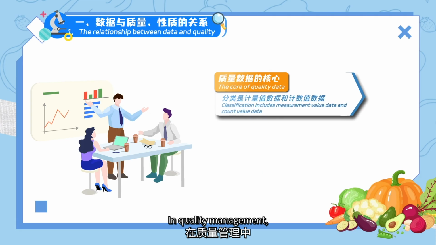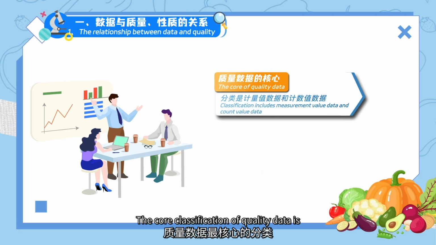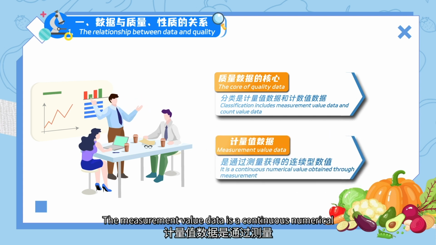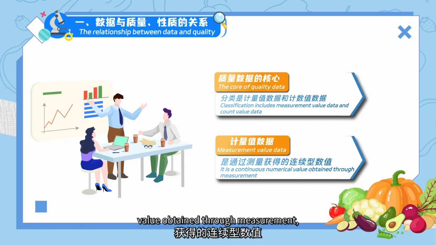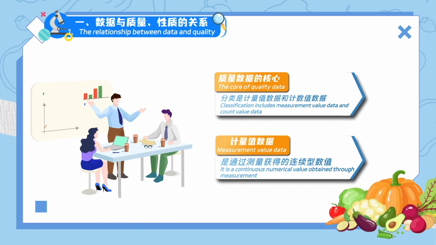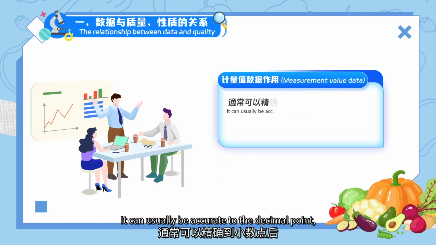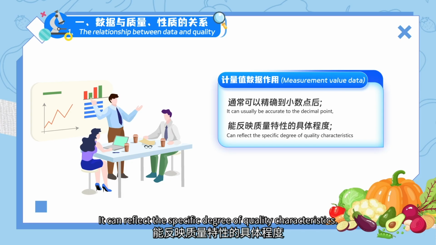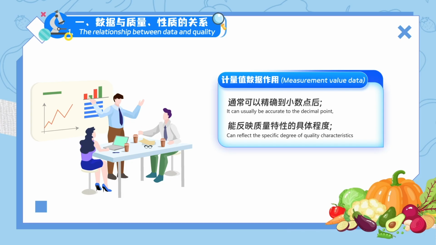In quality management, the core classification of quality data is measurement value data and count value data. The measurement value data is a continuous numerical value obtained through measurement. It can usually be accurate to the decimal point. It can reflect the specific degree of quality characteristics.